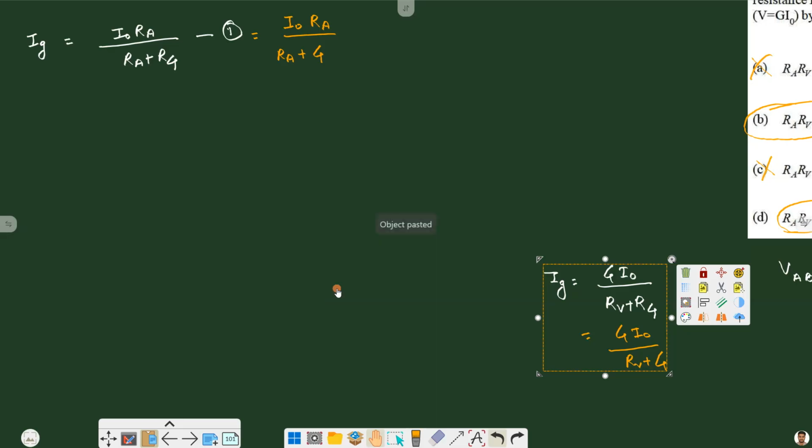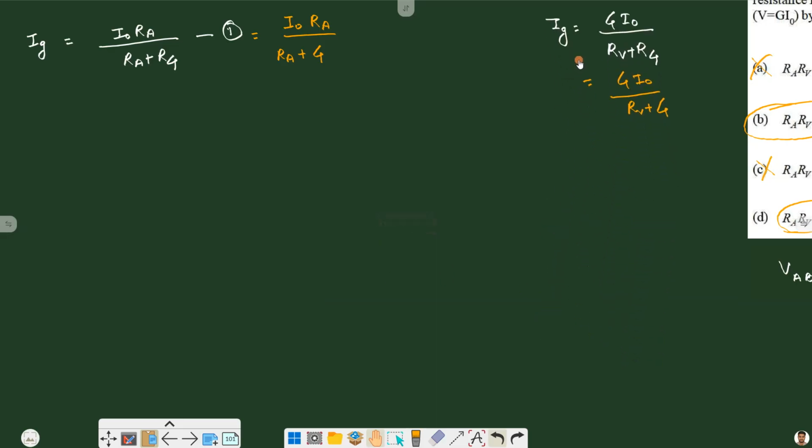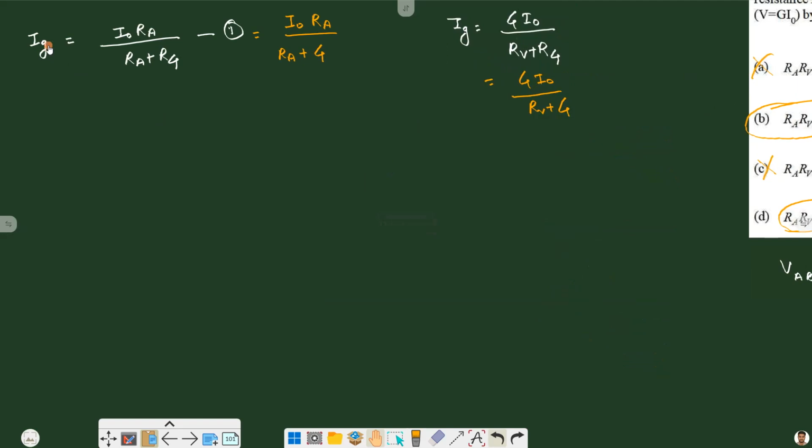And paste it. So let's now solve this equation to find a value of Ra.